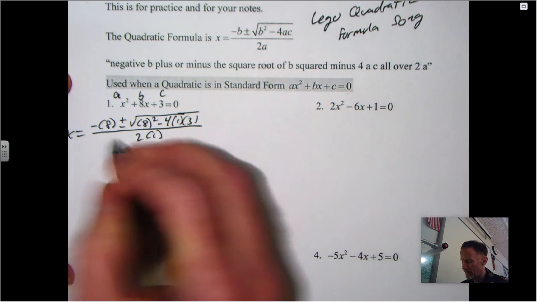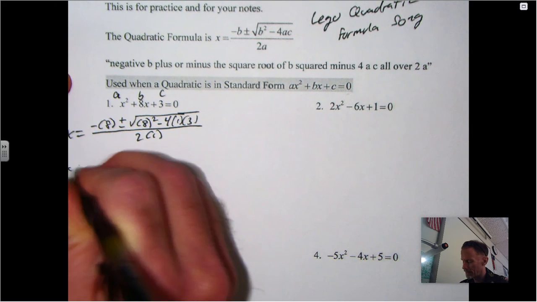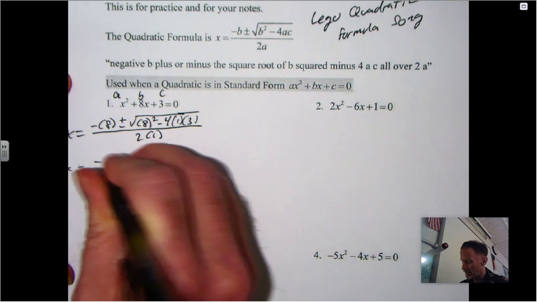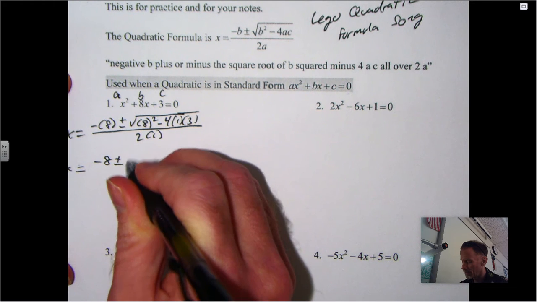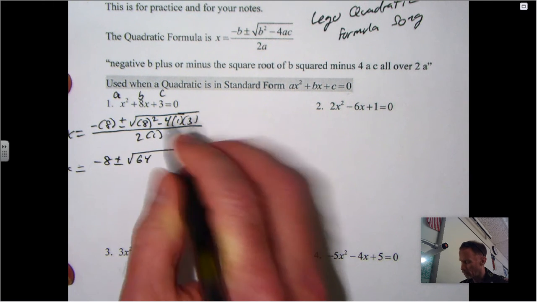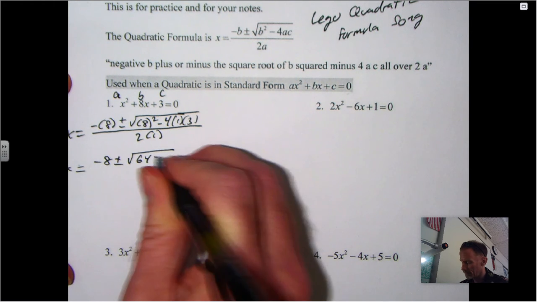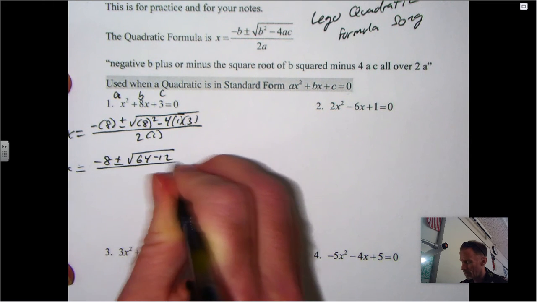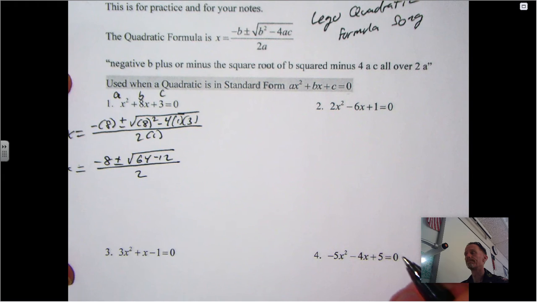And then from there you just clean it up. So we have x equals, again, that's a negative 8, plus or minus the square root of 8 squared is 64, minus 4 times 1 times 3 is 12, all over 2.